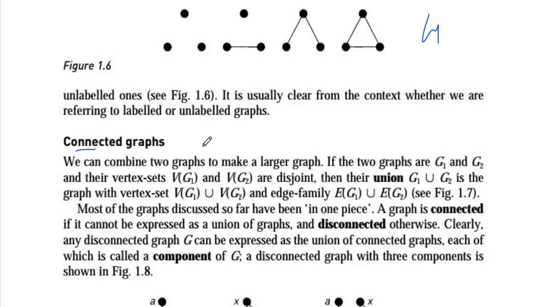Next, connected graph. We can combine 2 graphs to make a larger graph. If 2 graphs G1 and G2 have vertex sets V of G1 and V of G2 that are disjoint, meaning different, then their union G1 union G2 is the graph with vertex set V of G1 union V of G2.